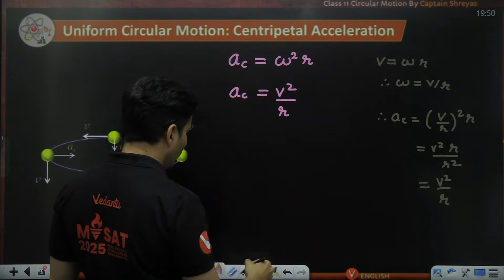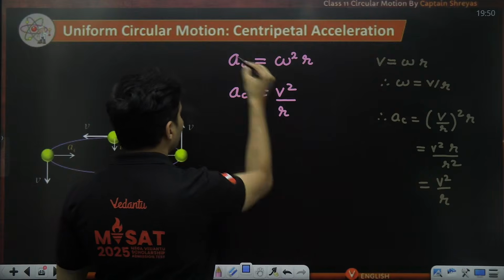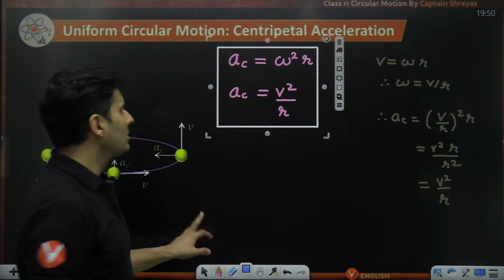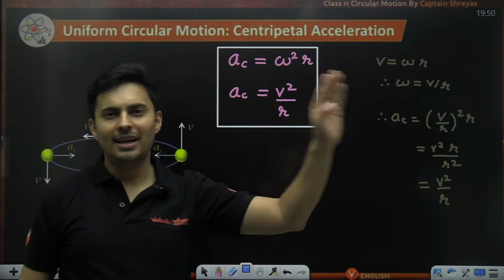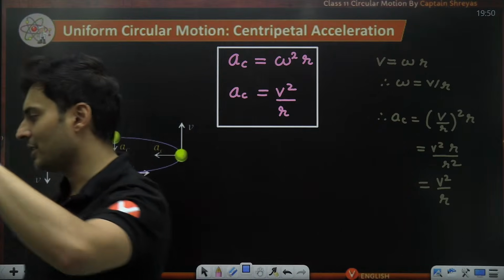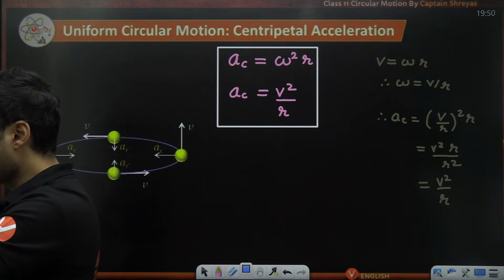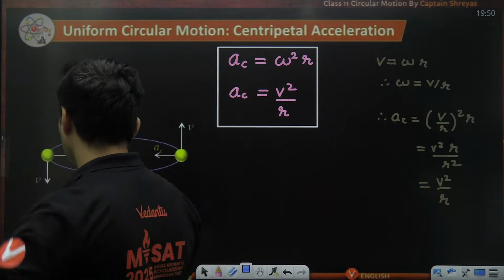So either of the two formulas you can use for finding centripetal acceleration. Very simple and straightforward. Cool? That is uniform circular motion.